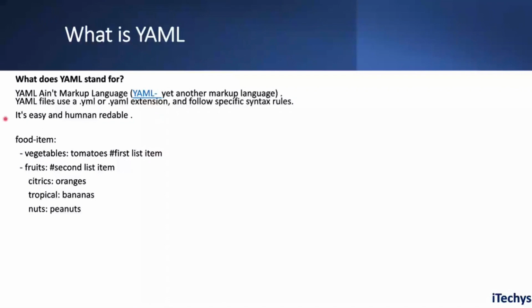Any YAML file uses one of these two extensions, and it follows specific syntax rules. It's not like HTML, where the syntax starts with the HTML tag, then head, then body, but YAML also has specific syntax rules.